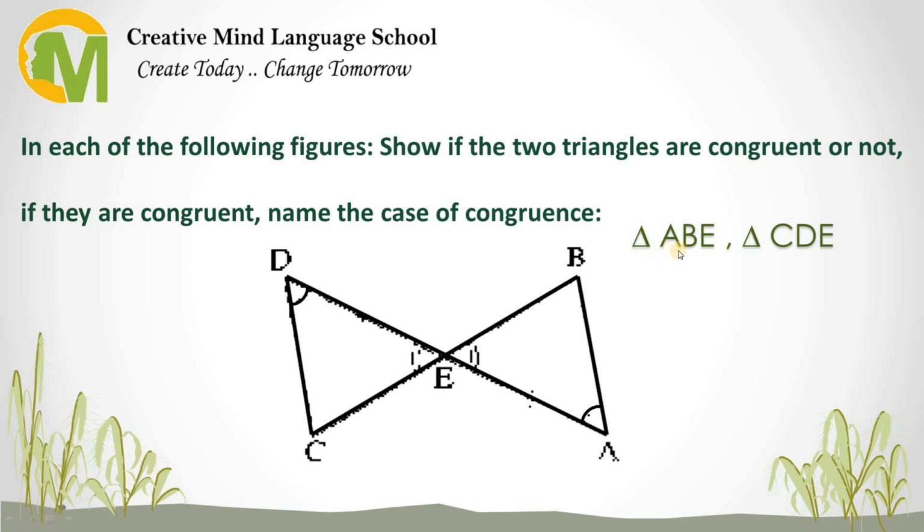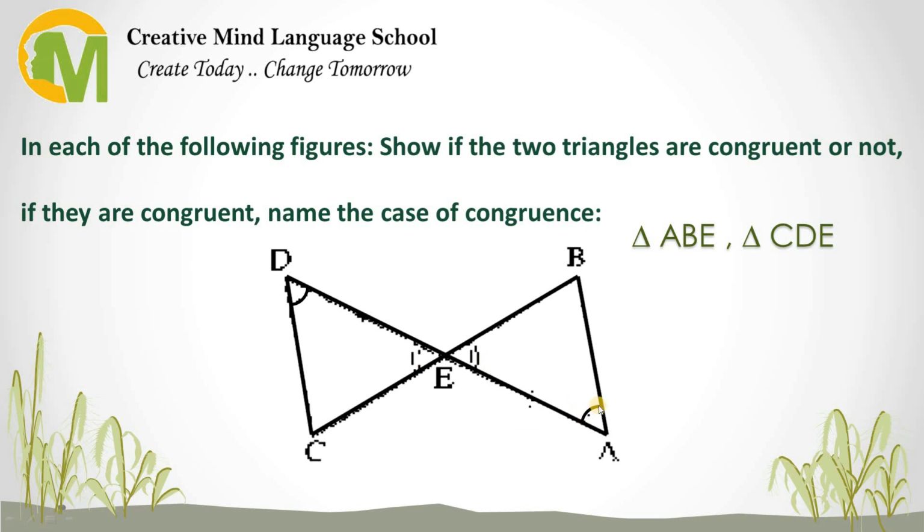If you start with ABE, then the second triangle should be written as A is C, so C, B is D, so CD, and E is a common point between the two triangles. Then the other triangle is CDE.